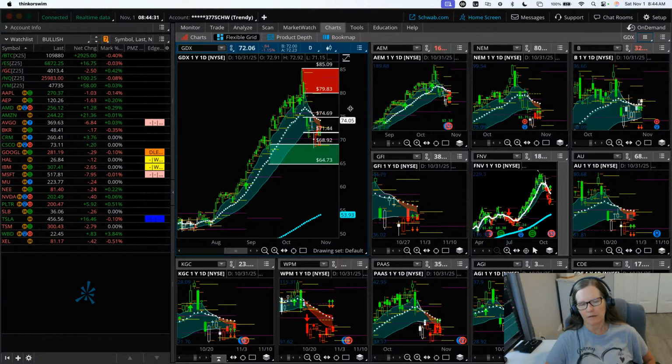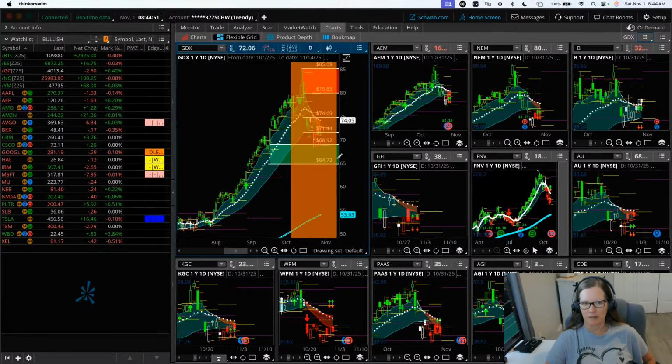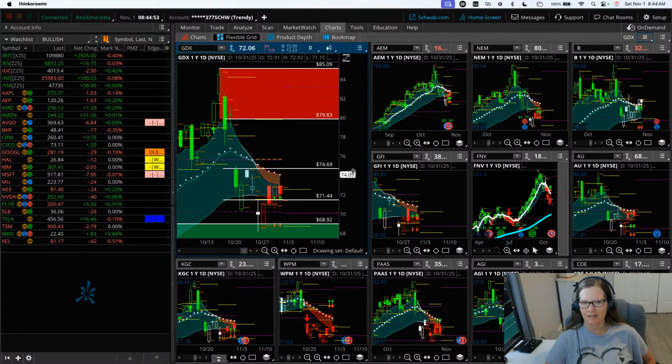So when I would do that is when a majority of these names within this sector are showing green candles and at or above their daily cloud. That's not the case with GDX right now. So, no, I'm not going to necessarily trade just the sector itself.